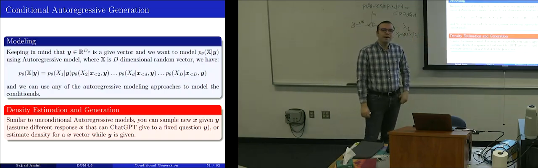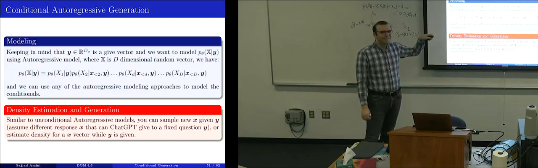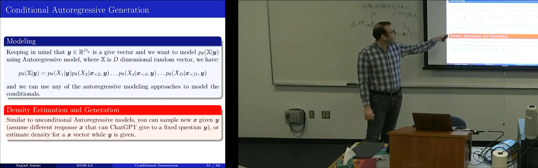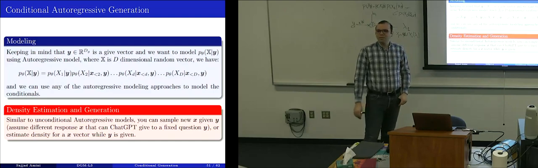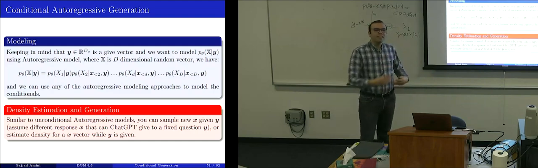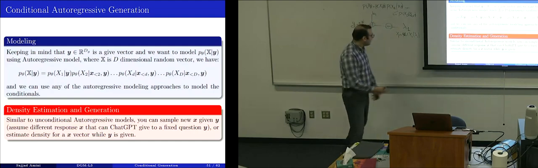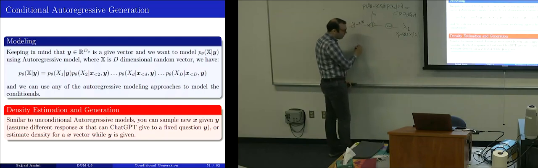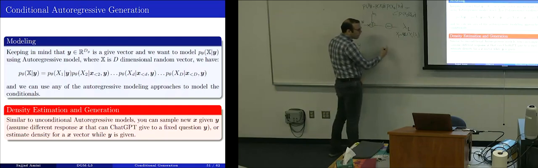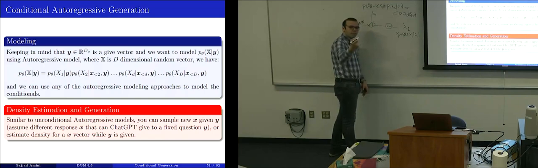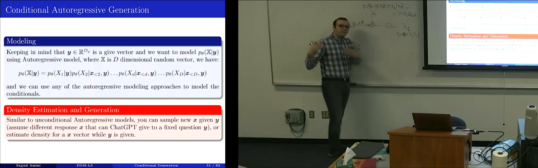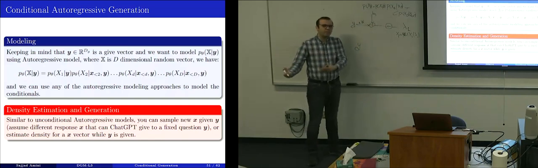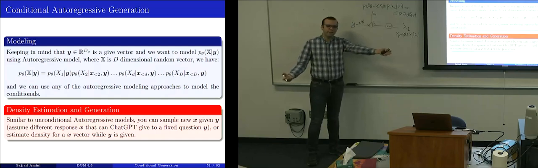Why? What is this random variable y when you are using ChatGPT? Exactly, your prompt. Your prompt is this y. You are given this y. So ChatGPT can use your y to know what is the first word in your response, because before starting the generation, you give it the y.